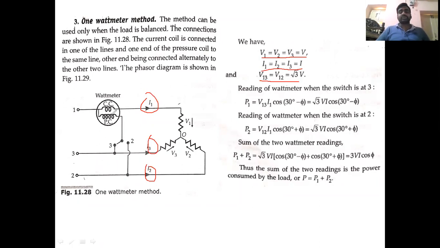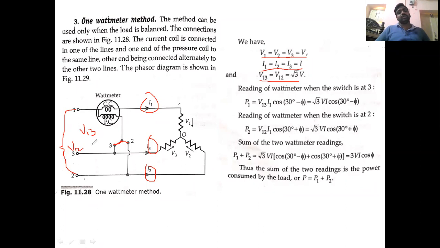If the potential coil stud switch is connected at 3, the voltage will be V13. If the stud switch is connected at the second terminal, the voltage will be between 1 and 2, that is V12.